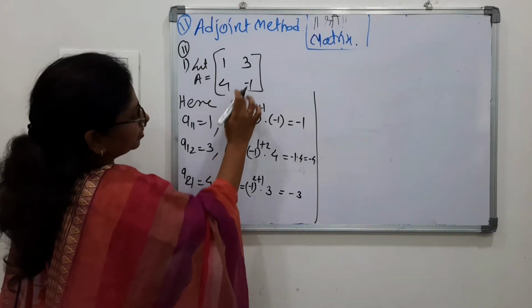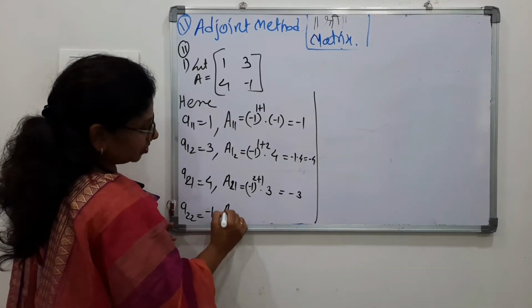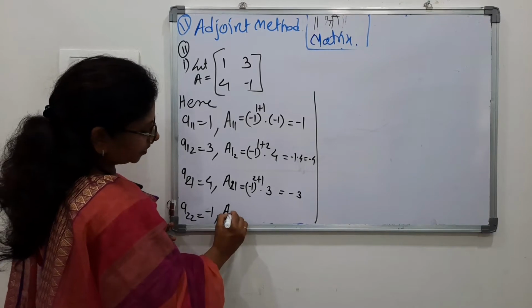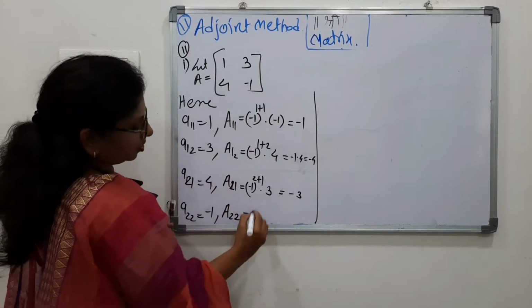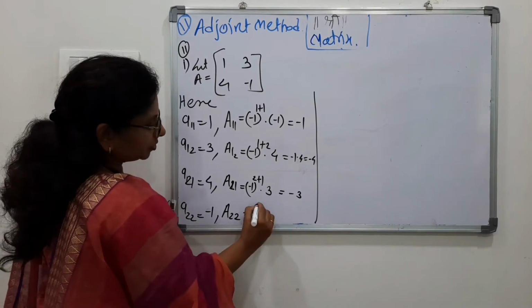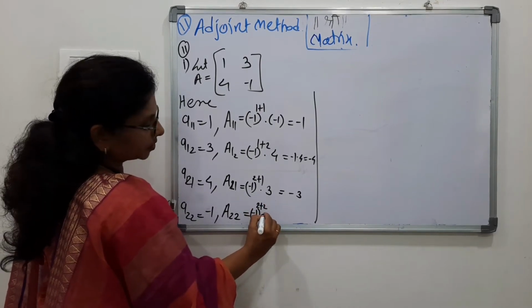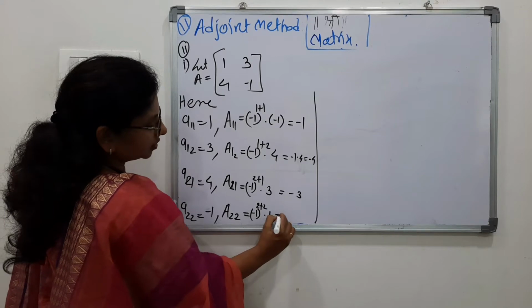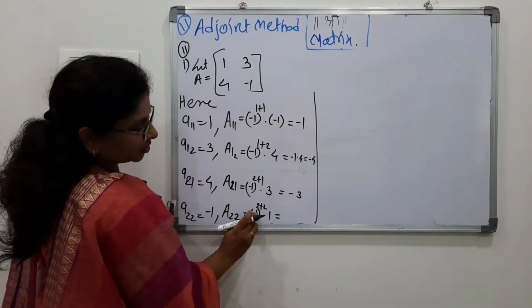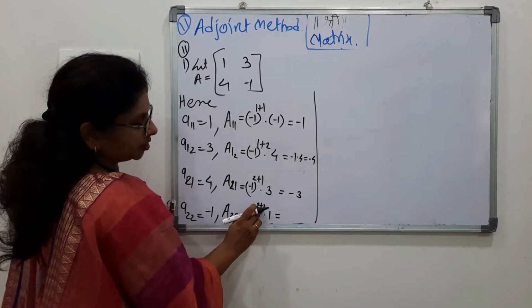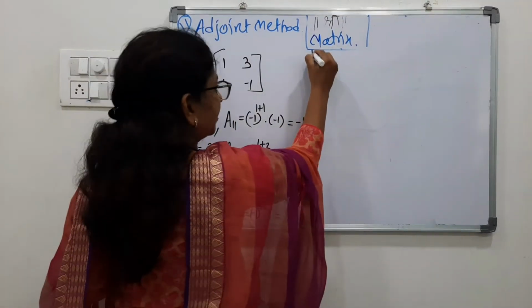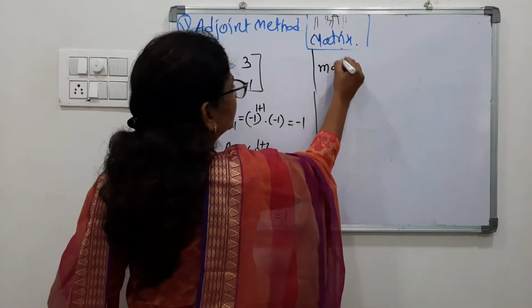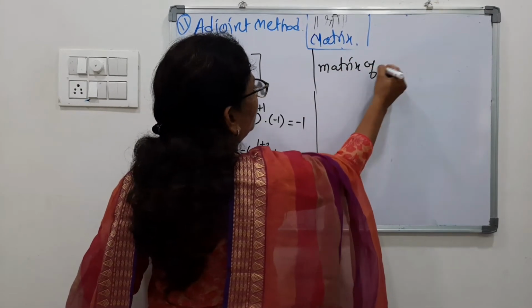What is a22? -1. So what is its cofactor? Hide this row and this column and multiply with (-1) to the power 2 plus 2 into 1. That is even power, so (-1) to the even power is plus 1, that is 1 simply. So what is our matrix of cofactors now? The matrix of cofactors.